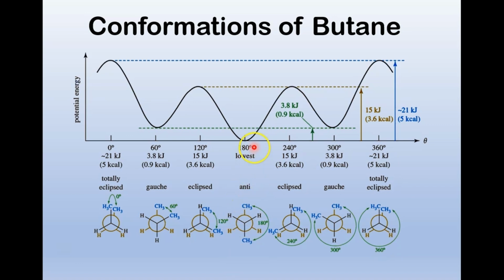We call this anti, and so this is the lowest energy conformation, when this dihedral angle is 180. And then we repeat these as we get back around 360 degrees. That gets us back to totally eclipsed.